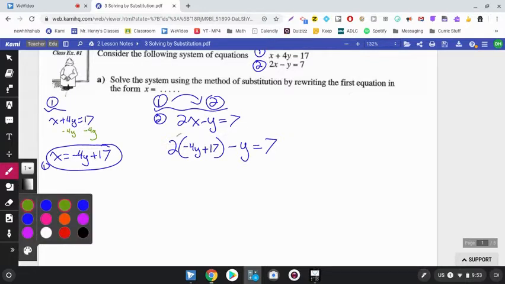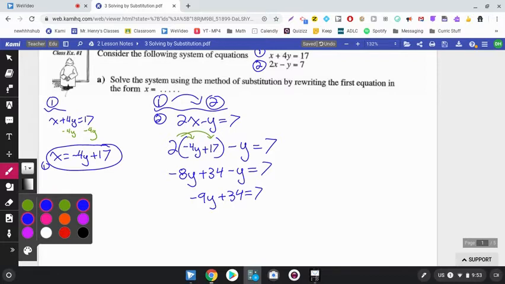It'll take a bit of work. I have to do the distributive property and get rid of those brackets. Negative 8y plus 34 minus y equals 7. Altogether that's negative 9y plus 34 equals 7.